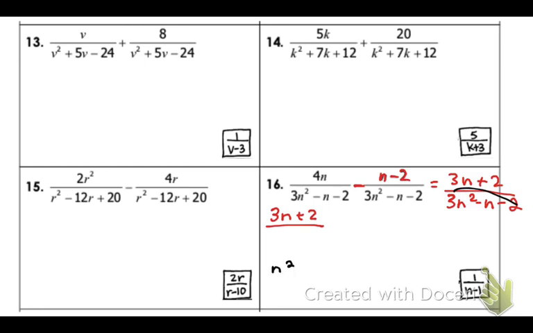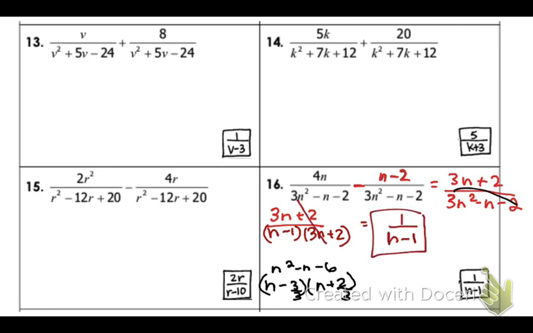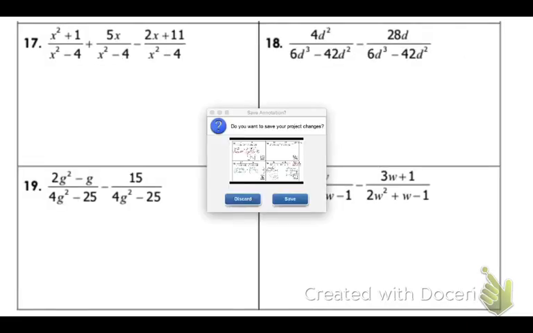Be left with n squared minus n minus 6, n minus 3, n plus 2 divided by 3 because you multiplied by 3. So I'm left with n minus 1 and 3n plus 2. These cancel. I'm left with 1 over n minus 1. And that checks out.